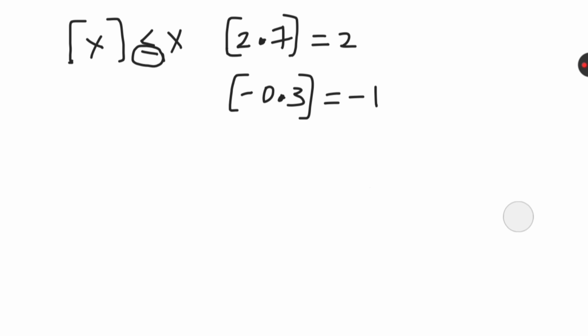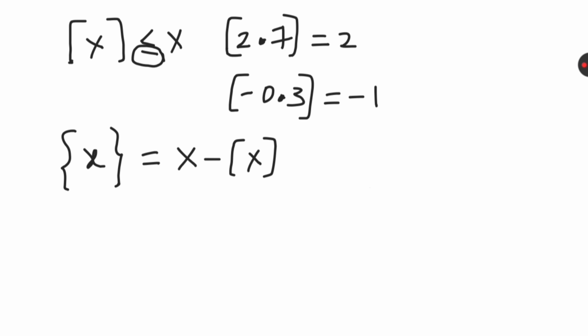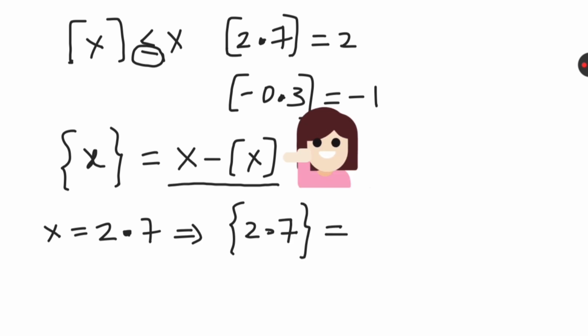Now let's recall the fractional function. If you do x minus the greatest integer function of x, we get the fractional part of x. Suppose we take x as 2.7. The fractional part of 2.7 is x, which is 2.7, minus the greatest integer part of 2.7, which is 2.